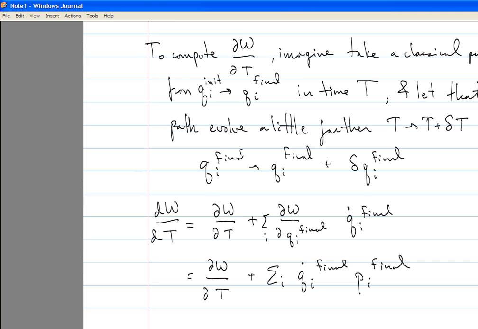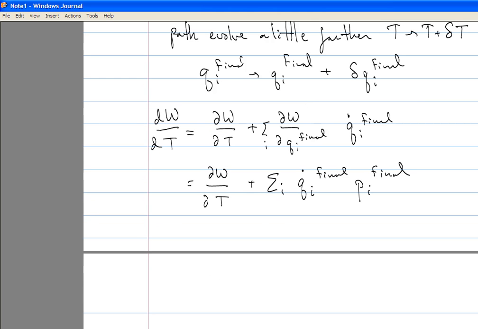And now I would like to make one further observation. So how is the action defined? The action is defined as the T integral of the Lagrangian.